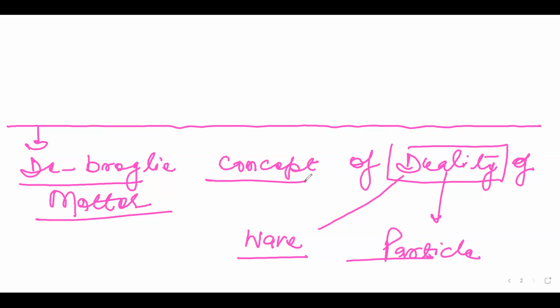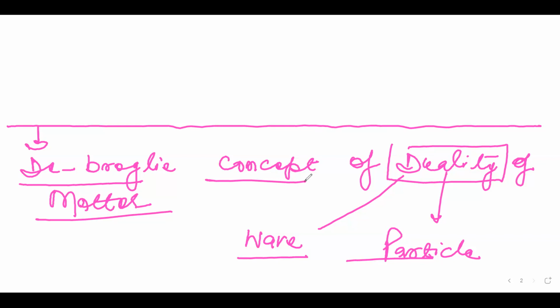Yes, sir. Now what we are going to see is how the de Broglie concept was a setback to Bohr's atomic model. Bohr's atomic model could not explain the de Broglie concept which I am about to discuss. There is a small derivation related to it. First, I will show it by hand and then I will show you the slide also.